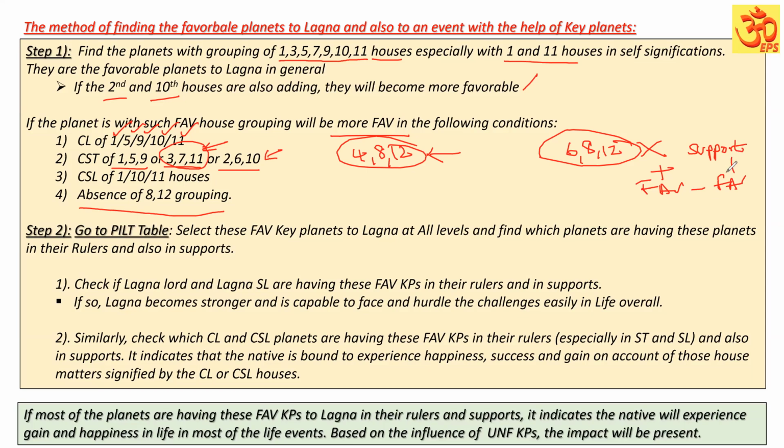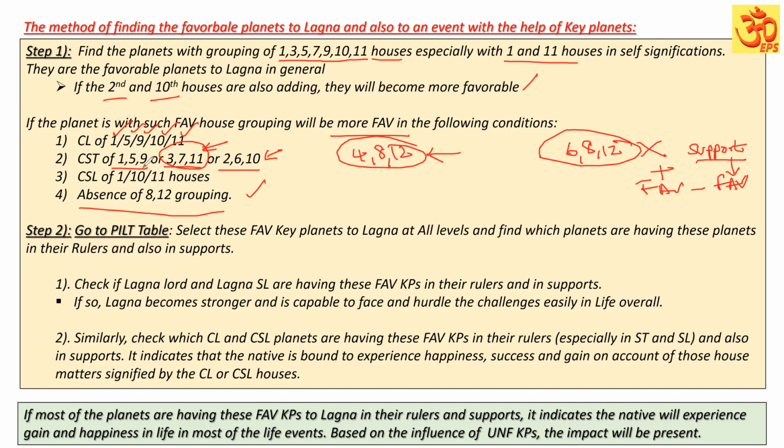A supporting planet will become favorable to the Lagna when it has the favorable key planet, favorable house grouping. Otherwise, it is going to be supportive. So absence of 8 and 12 makes that planet supportive. Presence of these houses in self-signification is going to be more favorable to the Lagna. I think you are able to understand.